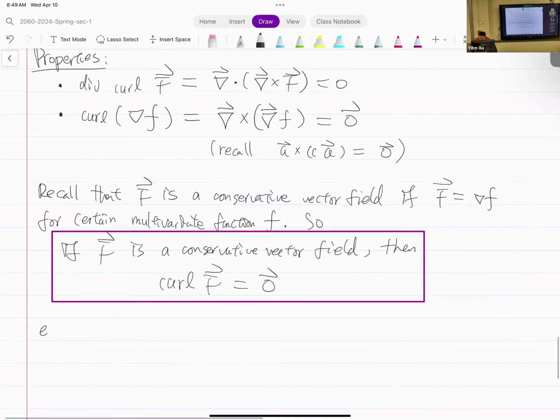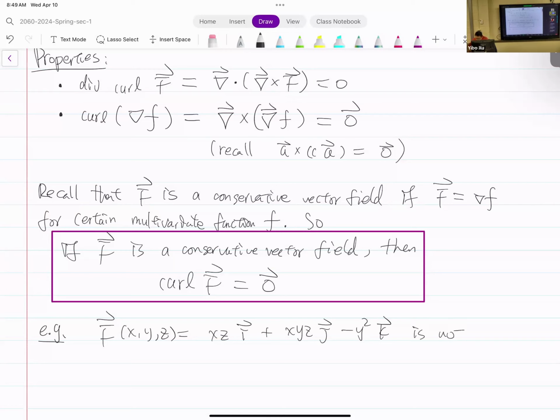We're gonna elaborate further. Here, let's quickly do one example. So f of xyz. So let's say this is the vector field that is xi plus xyzj minus y squared k. So this is exactly the example that we have seen before.